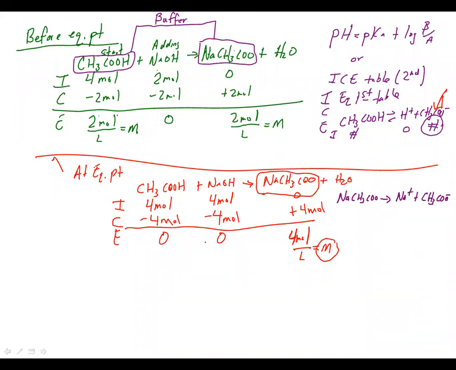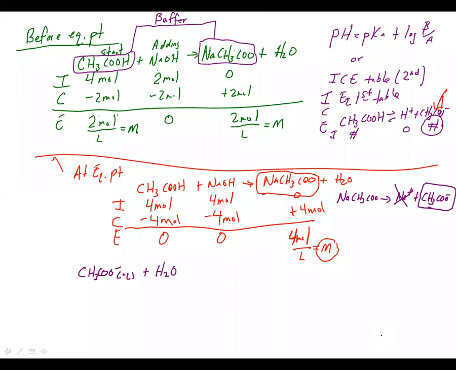The sodium, which is group 1, will not go through any hydrolysis, but we do have this part of the salt that came from a weak acid, which means it's going to be relatively strong. So at this point in the titration, you have to do a second ice table with the reaction of the salt, which is the acetate in this case. It is going to go through hydrolysis and react with water.